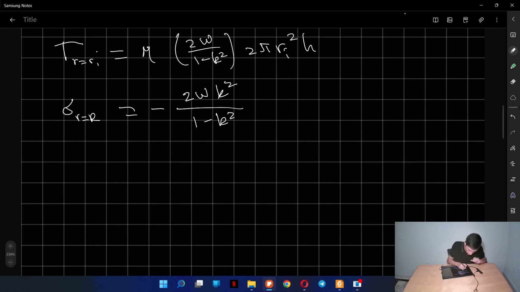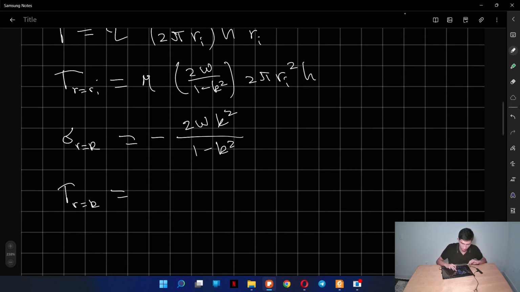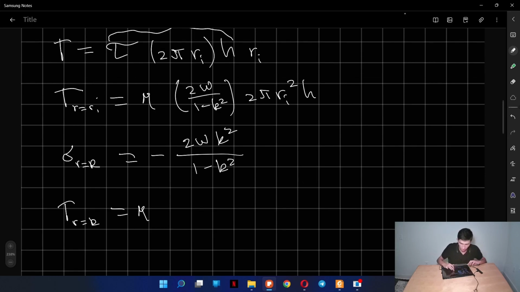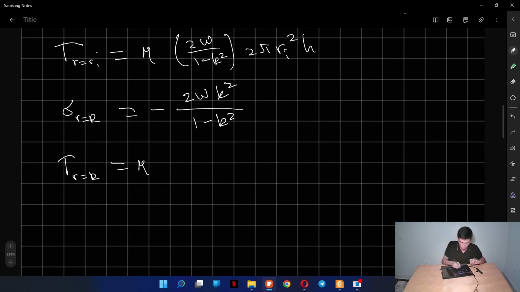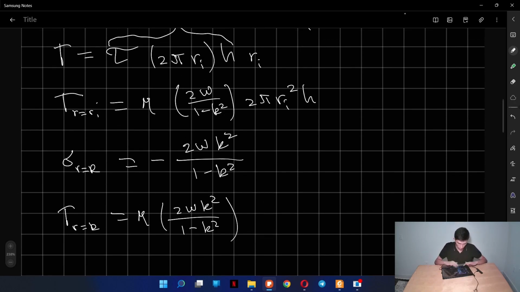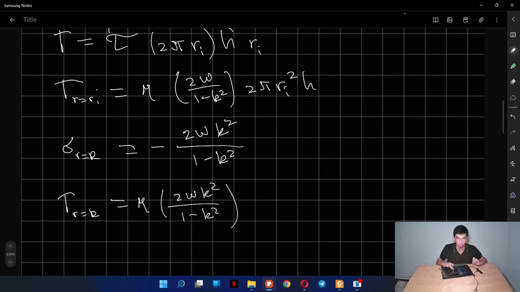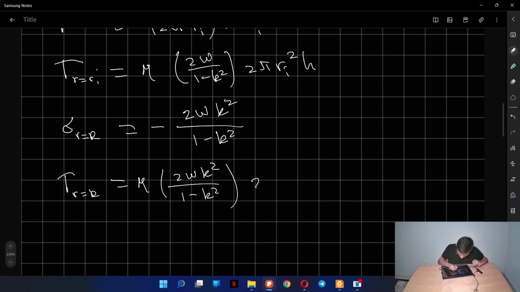Then when we plug it into the torque equation, it's again the viscosity times the shear rate at the outer radius, which is this equation with 1 minus k squared. And again we multiply by the area, so this is the shear stress multiplied by the area, 2 pi r squared, where this is big R now.